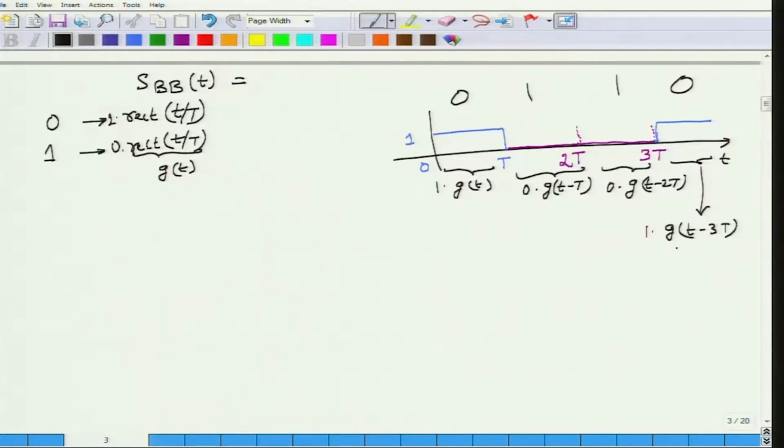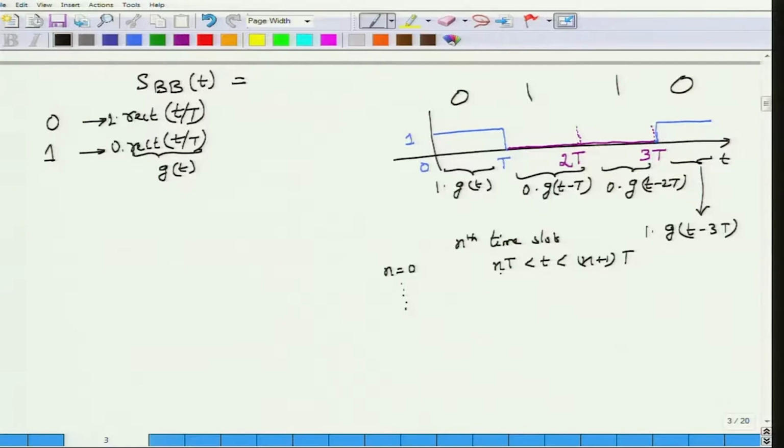Of course there could be a sequence that would never end. In general you get the idea. In the nth time slot, where n starts from 0 and goes all the way to infinity, the time durations are from nT to (n+1)T.